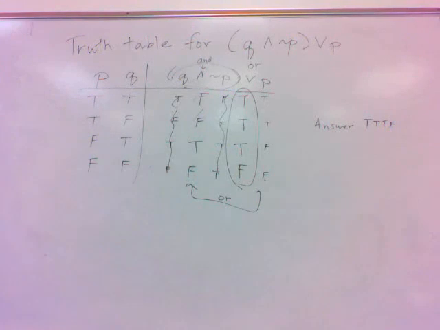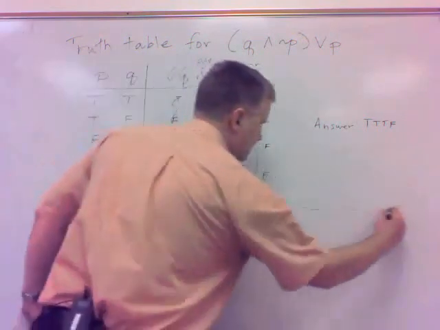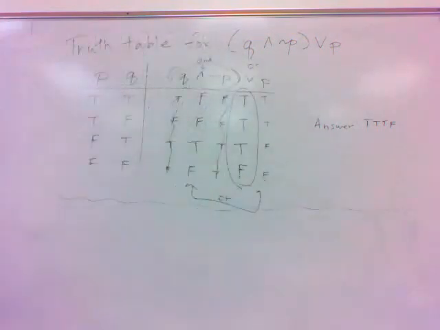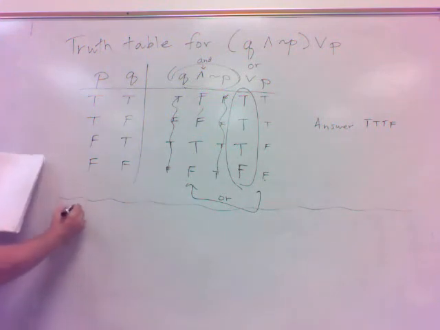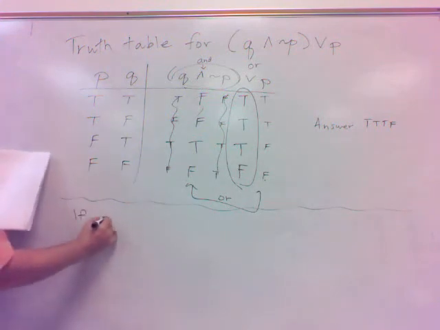Okay, let me mention one more thing before I let you go. This is actually really an easier problem. You don't have to go through a whole truth table for this. I think it's probably the first few problems in the assignment here. But what they'll do is they'll give you a scenario.